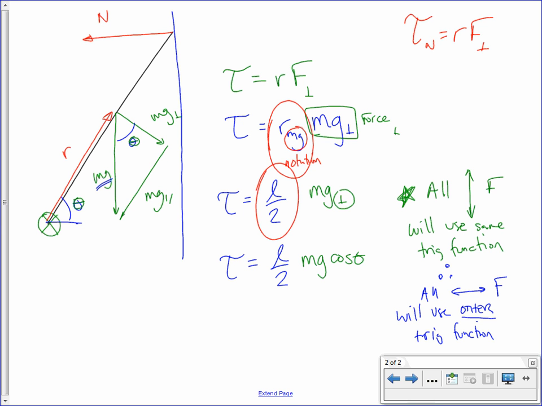I'm just going to say I know if a vertical force uses cosine, then this torque from the normal would have to be r to the normal, which is the full length L, times N sine theta. I just know it is. We can prove it by drawing it. I will. But right, if a downward force, a vertical force, uses cosine to find its perpendicular component, a horizontal force, like this normal force, has to use the other trig function.